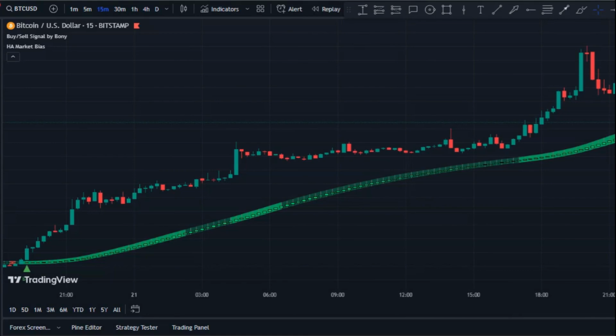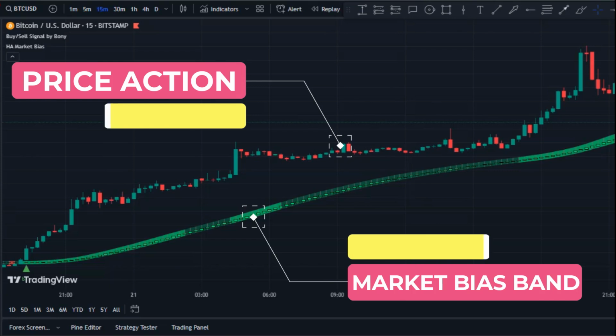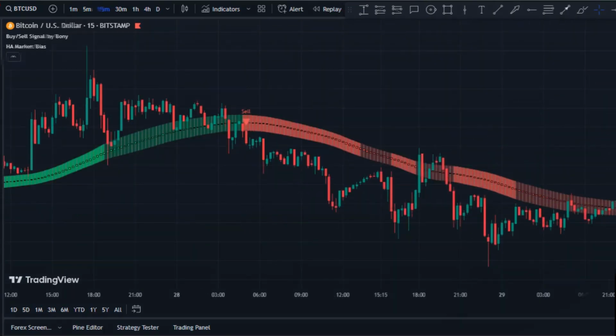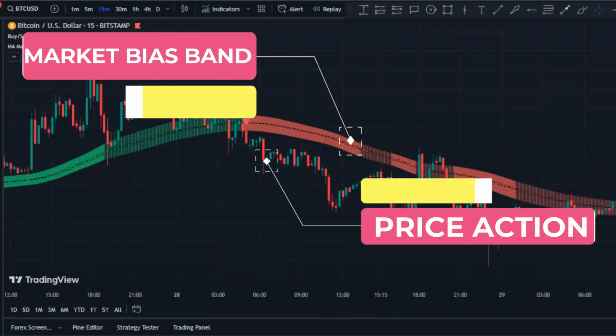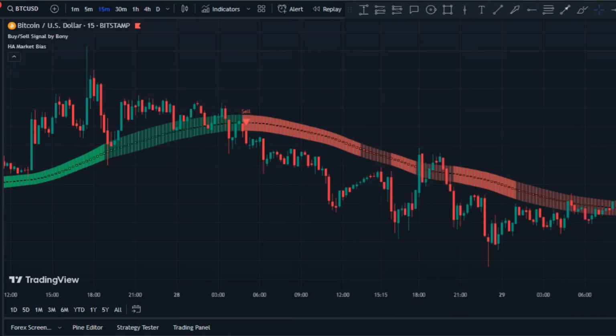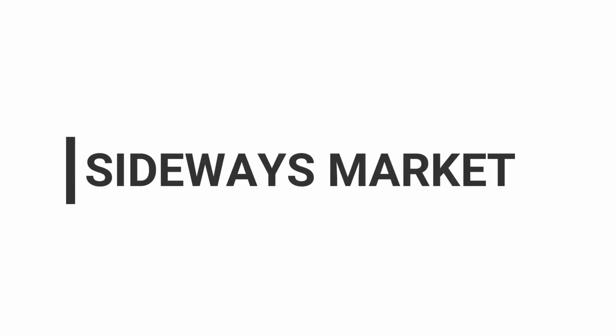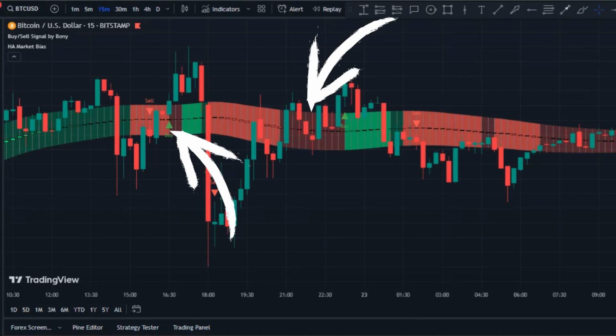Pay attention to where the price is in relation to the indicator's band. If it's above the band, there's an upward trend, and if it's below, there's a downward trend. Another great feature of this indicator is its ability to identify ranging market trends. To achieve this, if the price is moving within the bands, avoid entering trades.